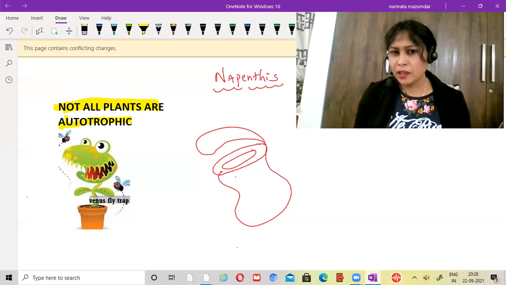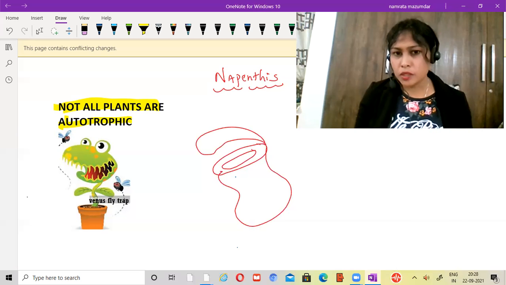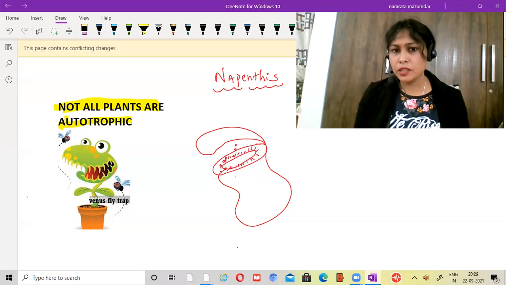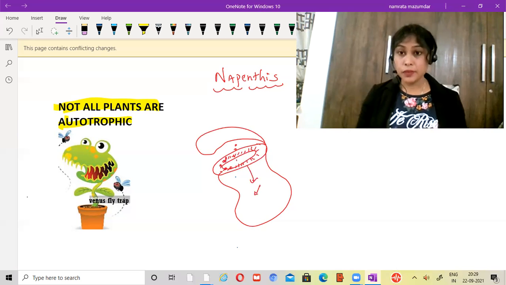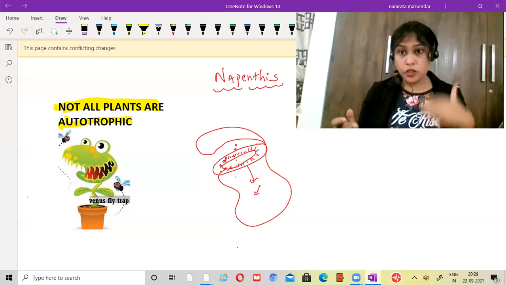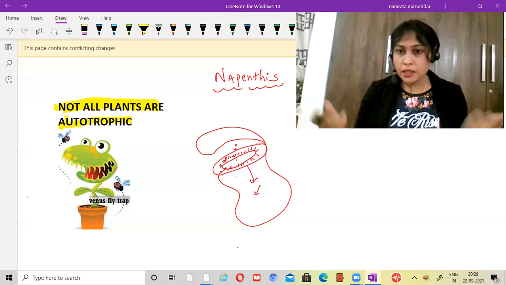Its lower portion is tubular in form like this. You can see that in almost all insectivorous plants, there are hair-like structures on the upper surface. Whenever insects come in contact with these hairs, they stick to the hairs and slip down inside the body. Then what happens? Like animals do, they ingest, and digestion takes place like in the stomach.